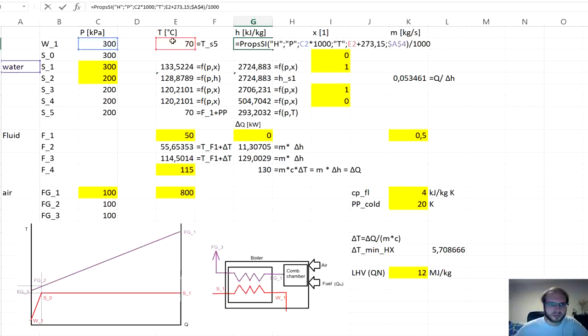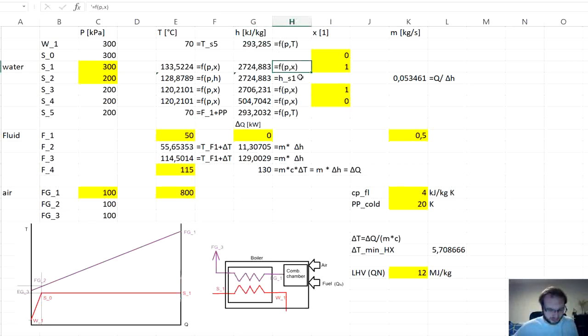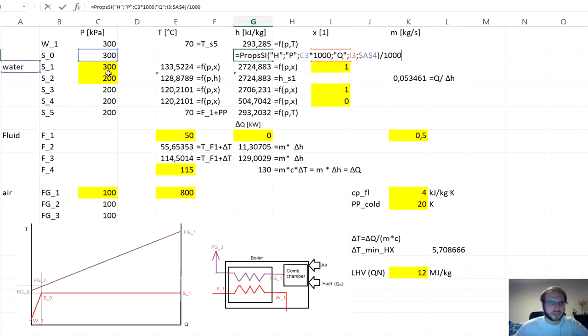Pressure, temperature goes in, the parameter is the working fluid is water, and it returns enthalpy in these units. Then for the point S0, we have pressure, we have quality. So again, enthalpy will be a function of pressure and quality as here. Let's check pressure, quality, working fluid, all valid.